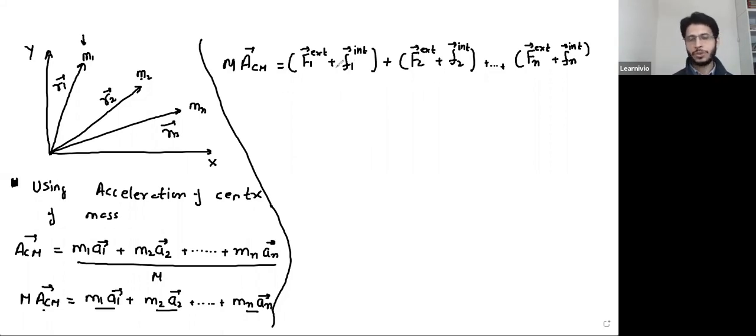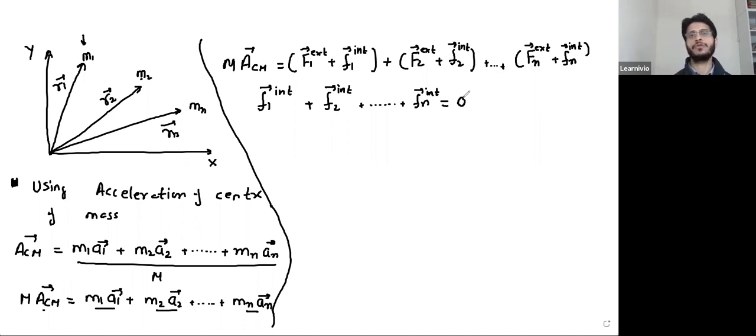Now see, as we saw in the system of two masses, internal forces cancel out each other because they are action-reaction pairs. So I can write that F1 internal plus F2 internal plus up to Fn internal is equal to 0. The sum of all internal forces is 0.